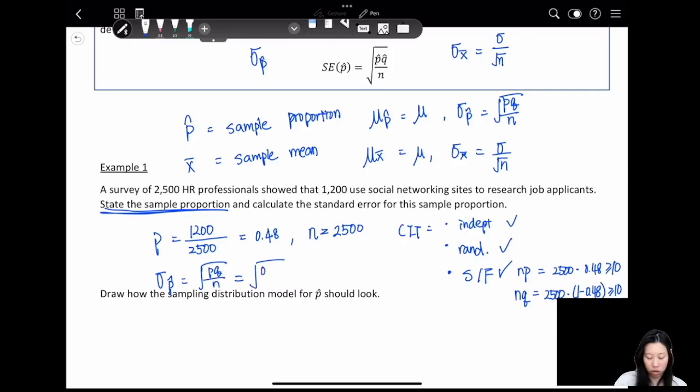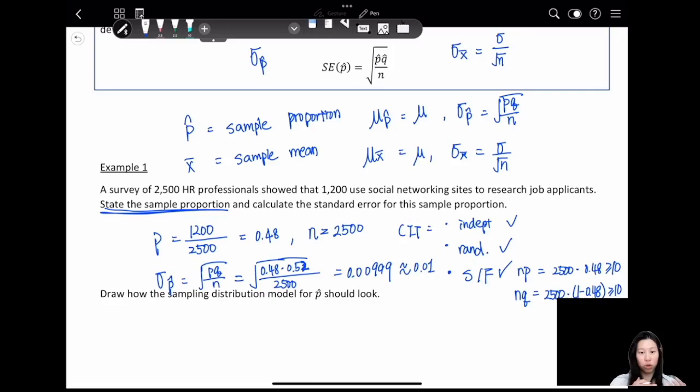So this equals the square root of 0.48 times 0.52 over 2500. Using the Google calculator, you will get 0.00999, which is approximately 0.01, or approximately 1%.